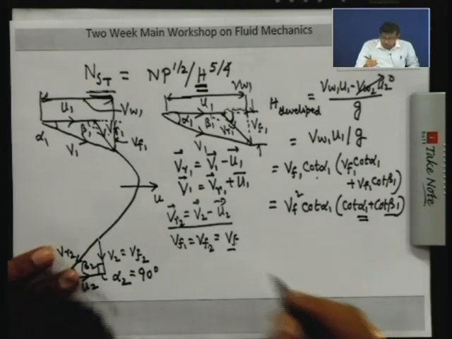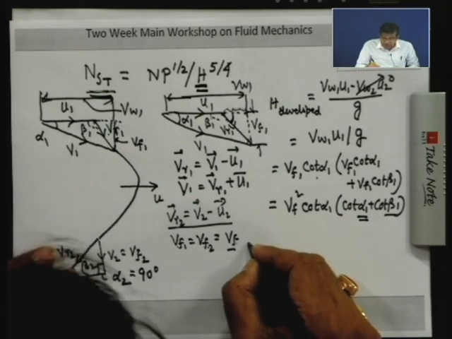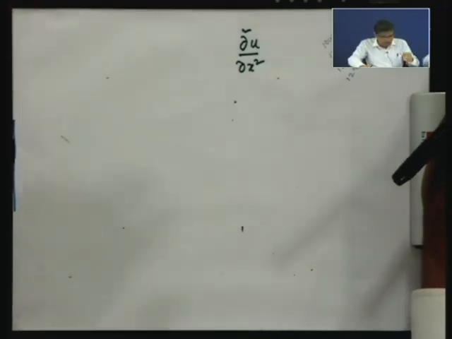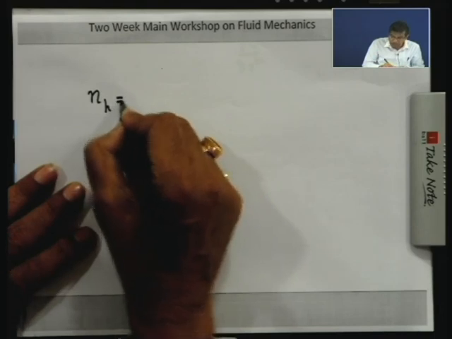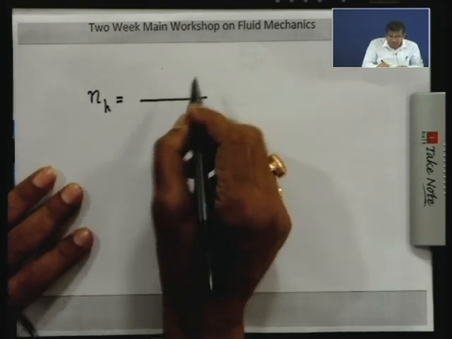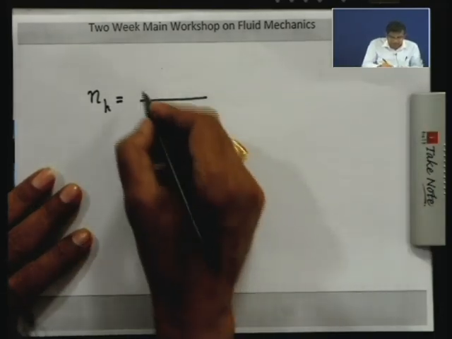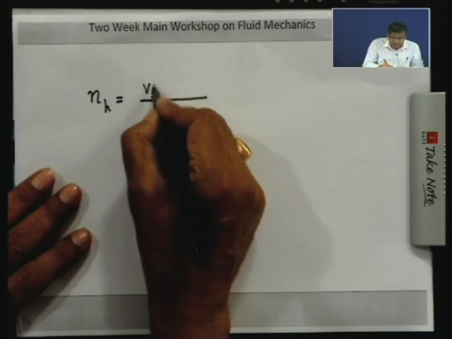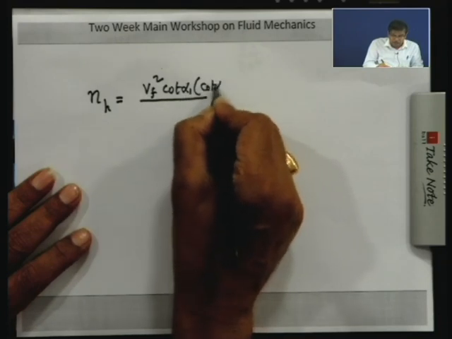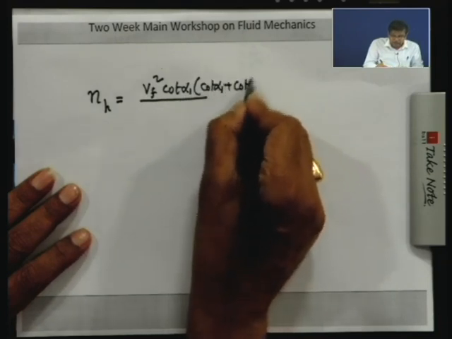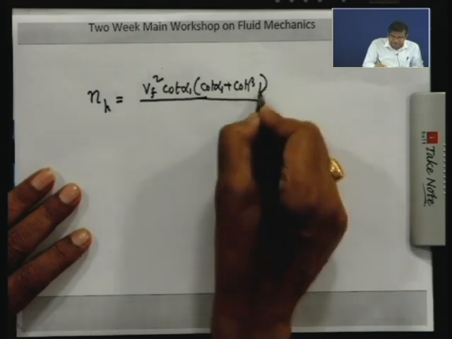Now, if I want to write the expression of hydraulic efficiency, what I will do? Now, I write the expression of hydraulic efficiency. Hydraulic efficiency, or the blade efficiency, whatever you call, is defined as the work developed, that means VW1 U1 by g, which simply I have got as Vf square cot alpha 1 plus cot beta 1, divided by the energy at the inlet to the turbine.